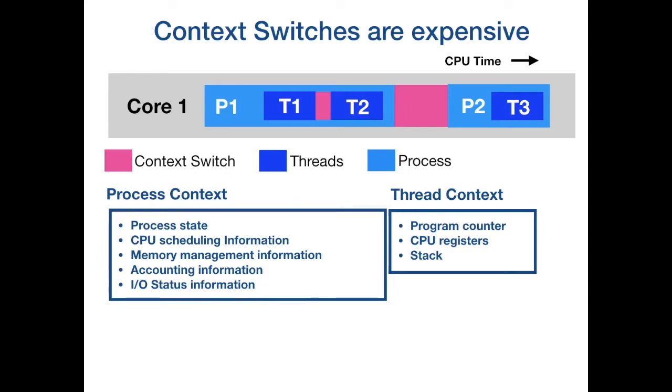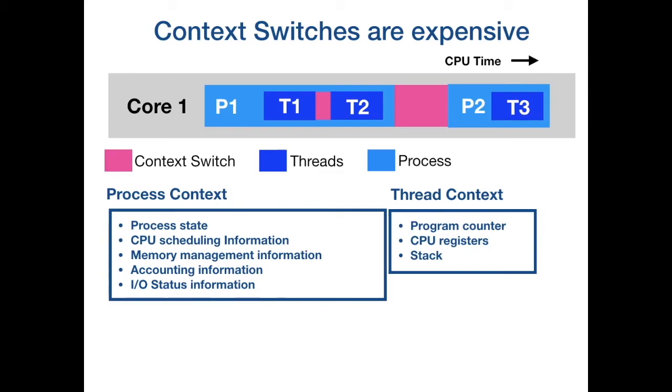And it does take thousands of CPU instructions to do context switching. And it is a wasted time as CPU is not running your application but doing context switching. In this diagram, you might see the context switching between the threads of the same process is relatively cheap compared to the context switching between the threads of different processes.